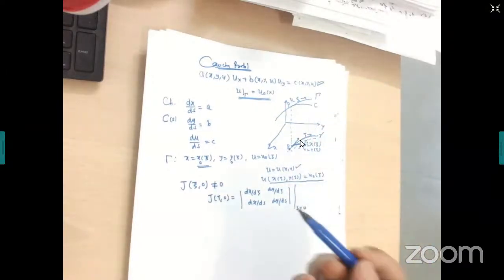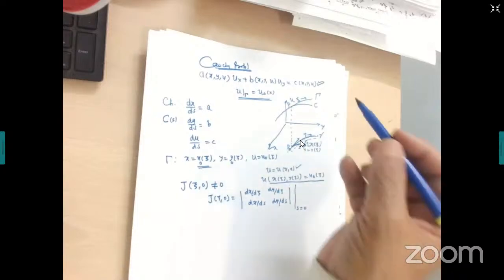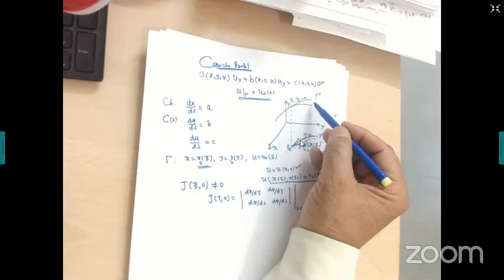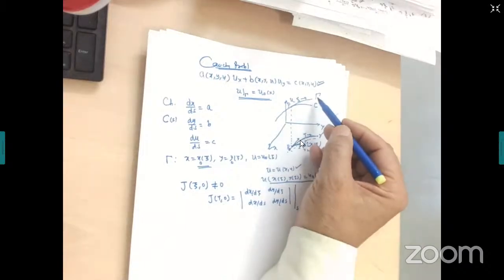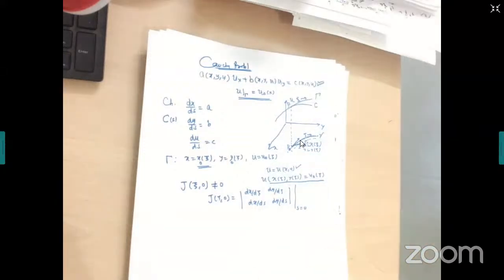In other words, when this is not equal to 0, one more condition should be satisfied, and what is that? Nowhere is capital gamma tangent to the characteristic curve. So these two assertions are equivalent.